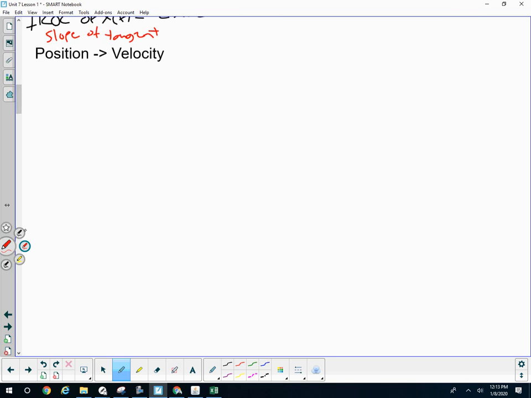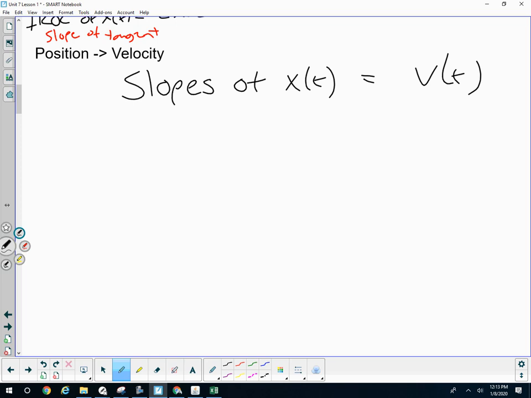This is our connection. Little did we know, slopes of position give us velocities. An average rate of change, which is the slope of a secant, gives us an average velocity.